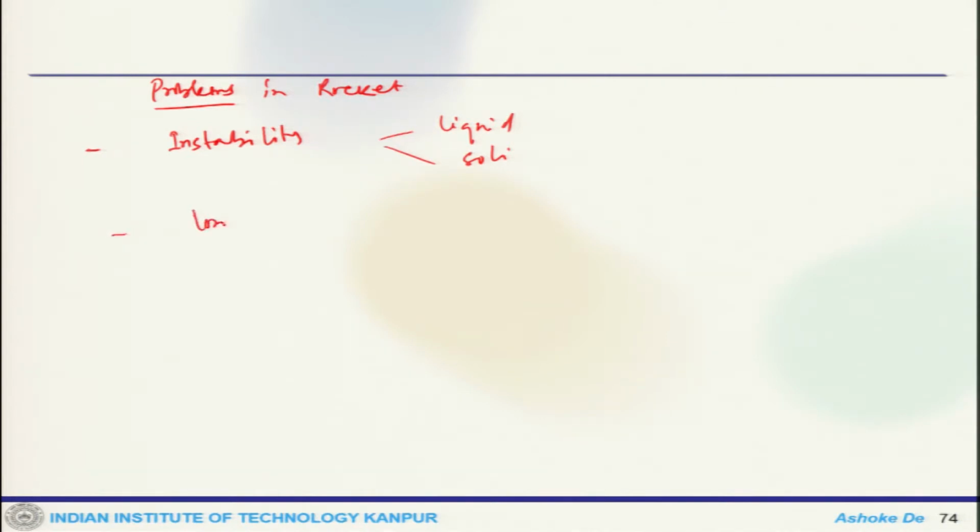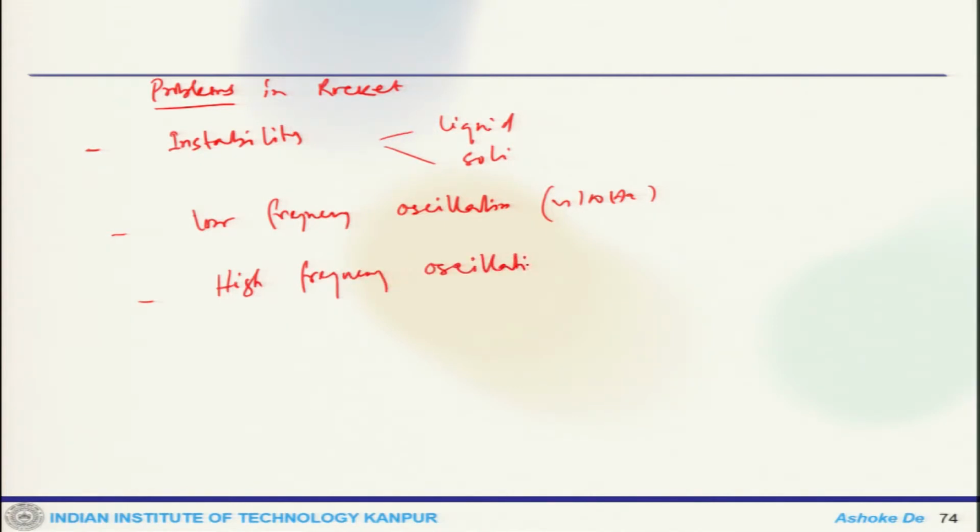Then you have low frequency oscillations, roughly 100 Hz, due to the coupling between combustion and the feed system. Obviously, you will have high frequency oscillations too. This is something called thermoacoustics, or coupling between combustion and the acoustics and flow field.